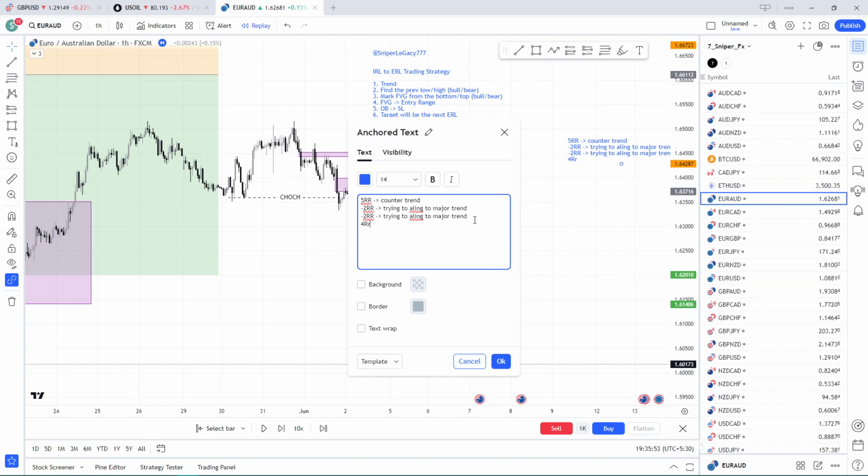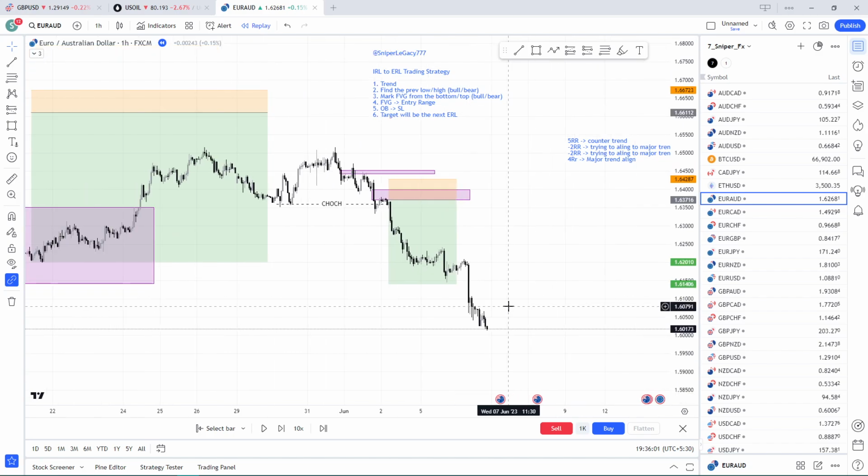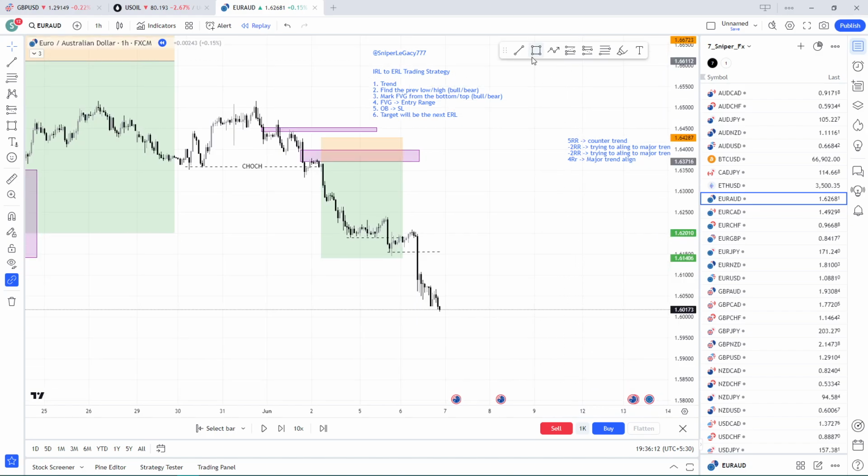4 RR, major trend aligning. Since we have a BOS here, or maybe if you want to consider this one as a BOS, I'll draw internal liquidity here, and you see internal liquidity is overlapping here.